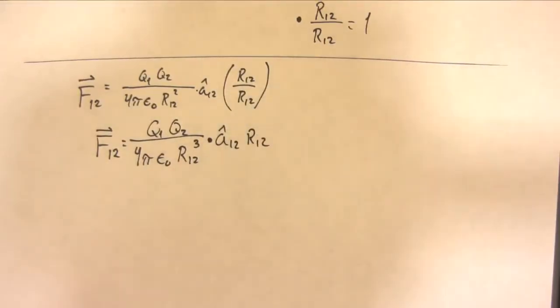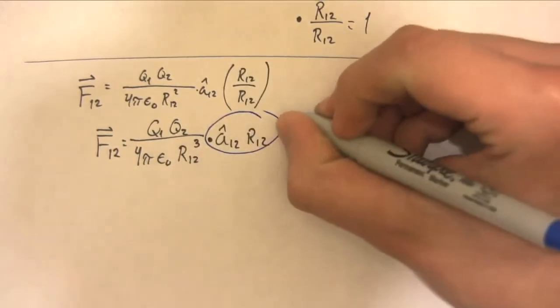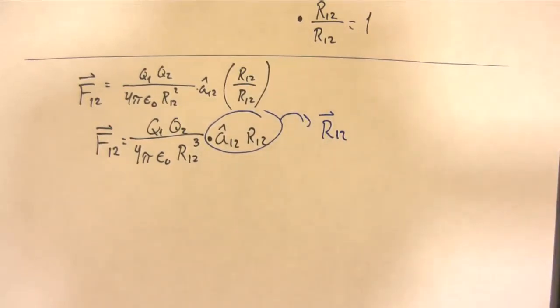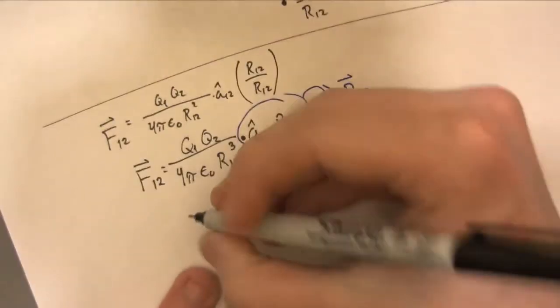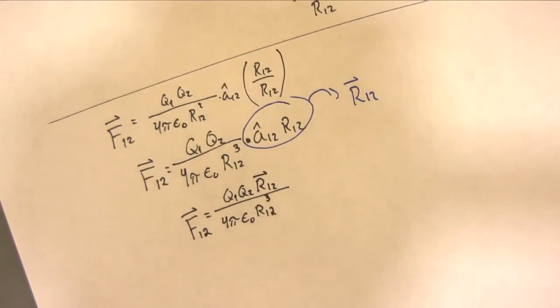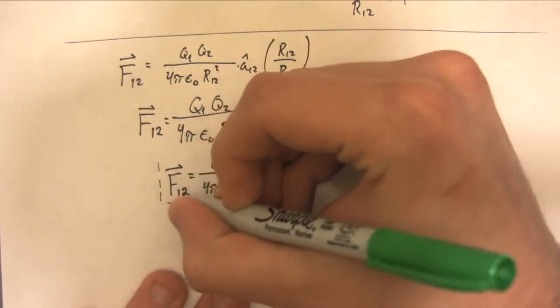So this guy is our actual R12 vector. So we can rewrite this expression. So, this is the first very, very useful expression in the problems that we're going to be doing.